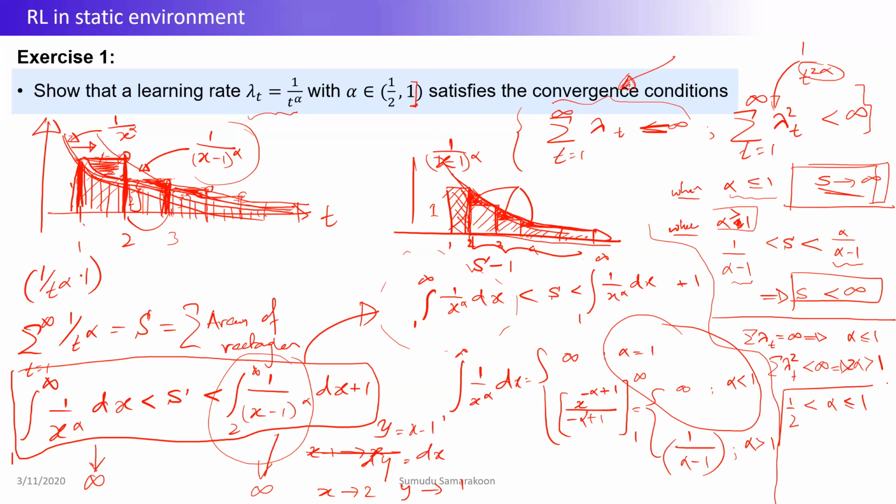Can double check, yeah. So a choice of alpha between half and 1 would result in a 1 over t^alpha kind of rate that diverges when we take the summation over just these terms, and converges when we take the summation of the square terms. That concludes this exercise.